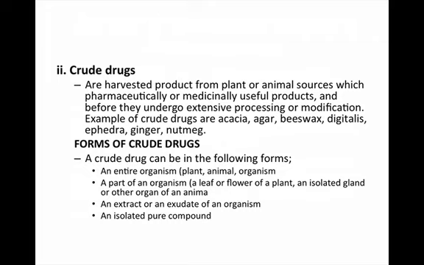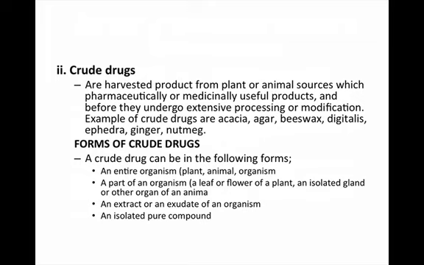Also another form, au form number 3 ya crude drugs, crude drug can be an extract or an exudate of an organism or secretion of an organism. Also hii crude drug can be an isolated pure compound. Kwa hiyo these are the 4 forms ambapo unaweza kuikuta crude drug.